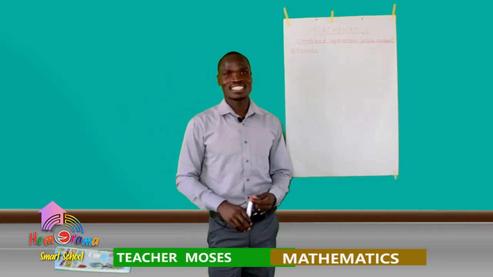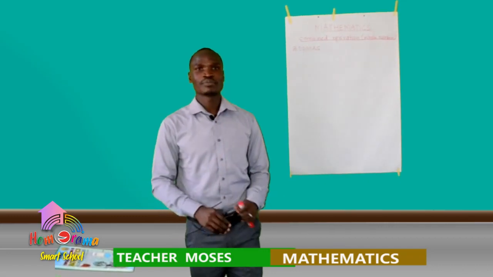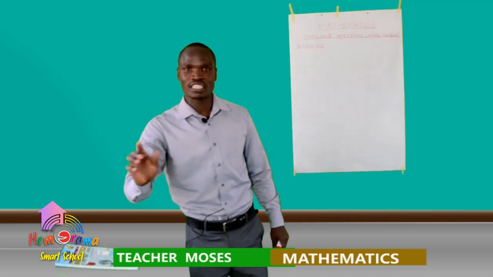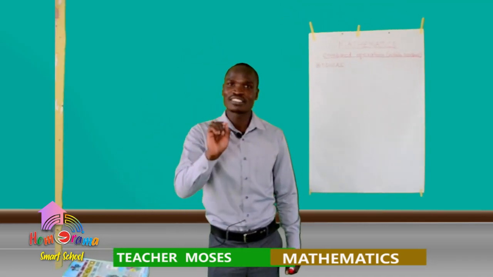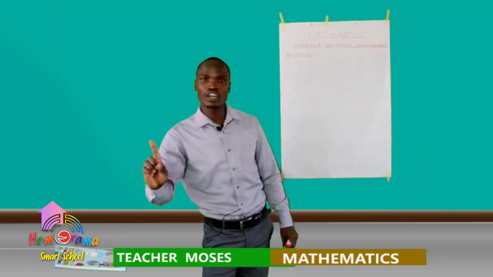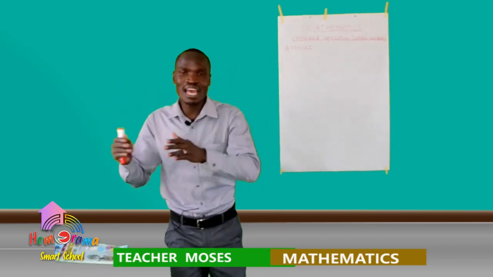Now learners, why do we have this procedure? This is the reason. When you're working out a question on combined operations, it is one question, but you have more than one sign.